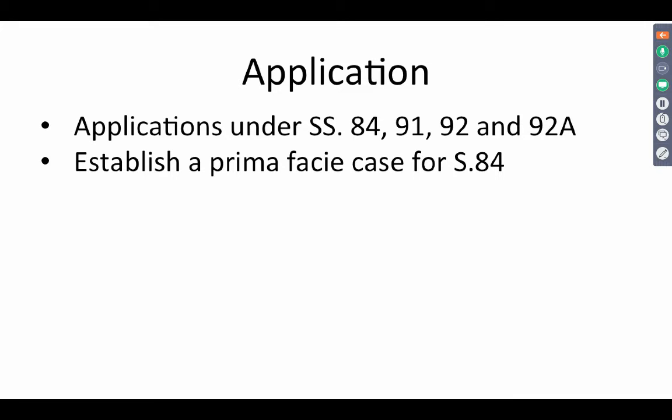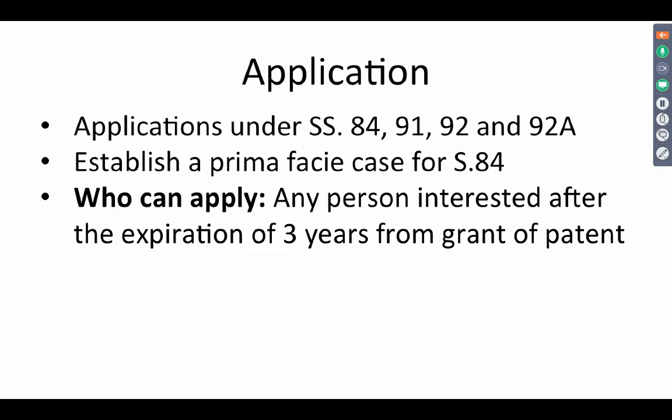For an application under section 84, it is necessary to establish a prima facie case. Any person who is interested in having a compulsory license issued on a patent, after the expiration of 3 years from the date of grant, can make an application under 84.